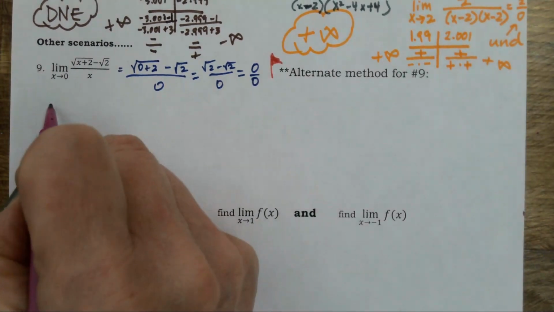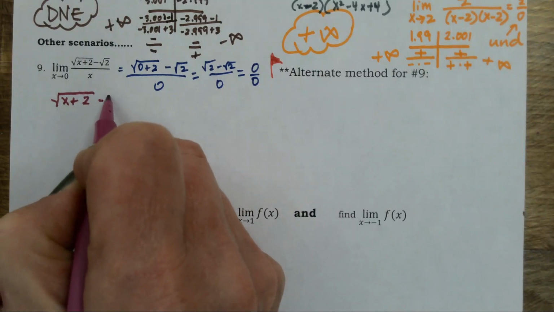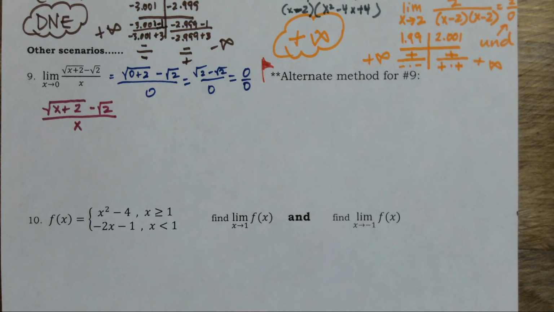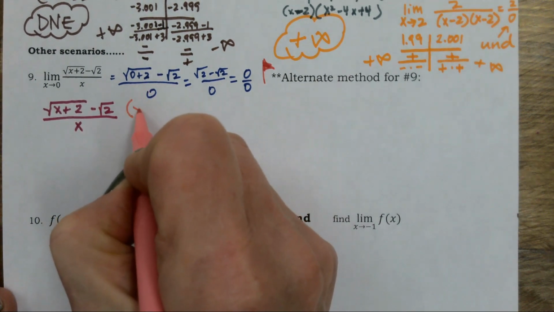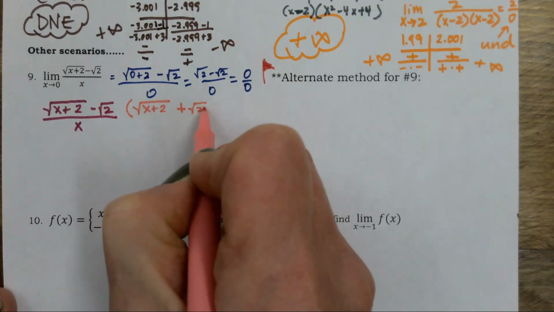I have the square root of x plus 2 minus the square root of 2 over x. The conjugate is when I multiply by something that looks almost exactly the same except the middle sign is different. So I'm going to multiply the top and the bottom by the square root of x plus 2 plus the square root of 2.